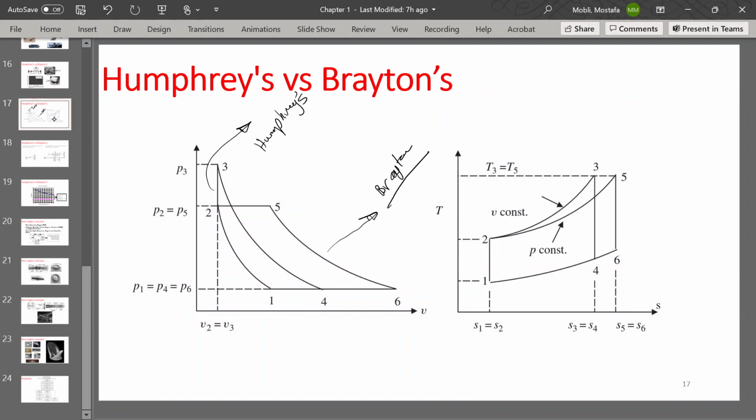Let's go one by one. Which state is the combustor's exit state? One vote for 3. 3 here, 5 here, right? But it's usually 3. We have one vote for 4 and 6.